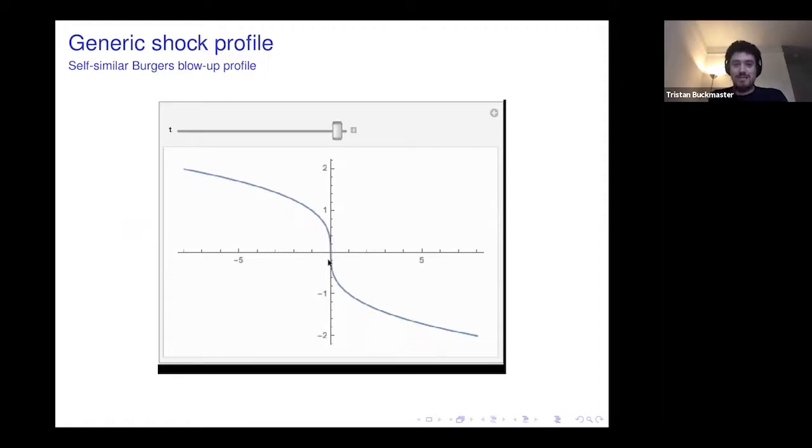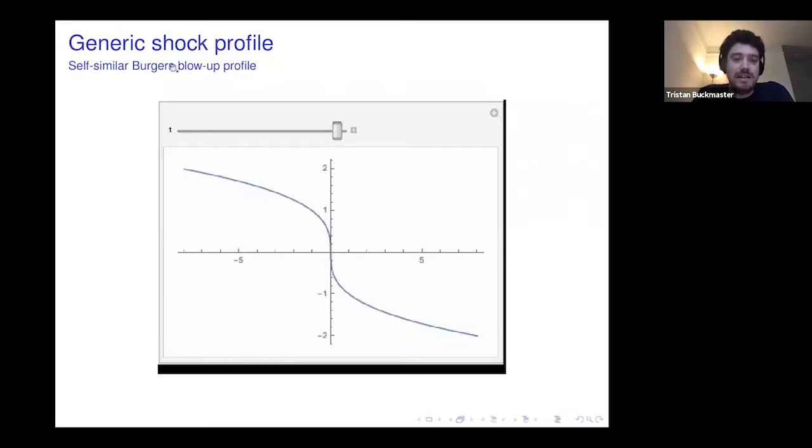Okay, and it's key that you're giving me any generic data. There are particular ones that have different behavior, but if you take one of these unstable shocks, you can perturb it slightly and you end up with a shock in exactly this form. If you start with initial data leading to a shock in this form and you perturb it a little bit, it will lead exactly to this type of shock. So this is a stable shock in the case of the 1D Euler equation.